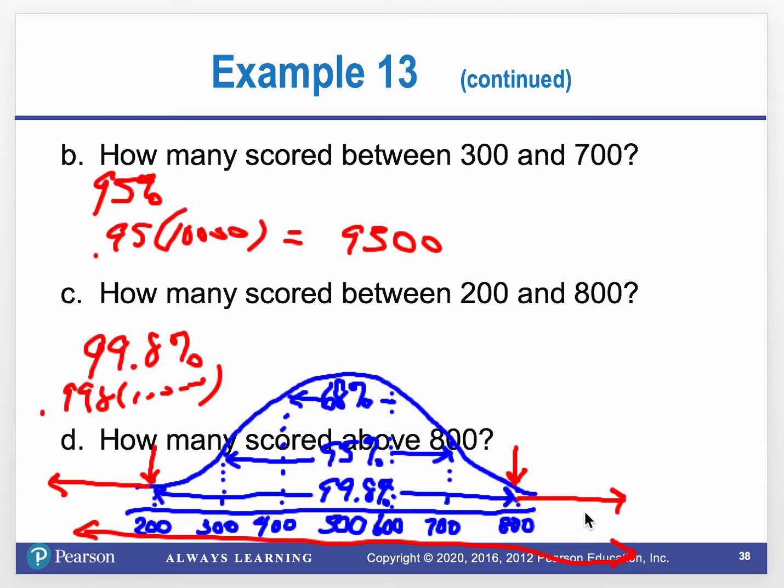Right? But it only asked me about the students above 800, not less than 200. So half of 0.2% is 0.1%. So 0.1% of students scored more than 800. So 0.001 of your 10,000 students scored above 800.